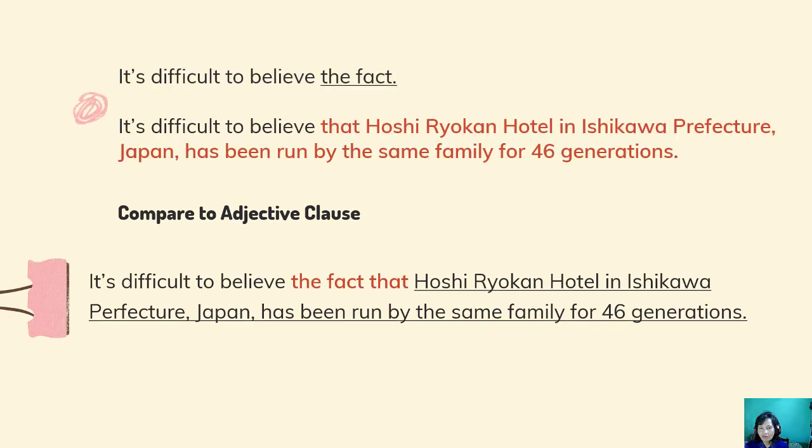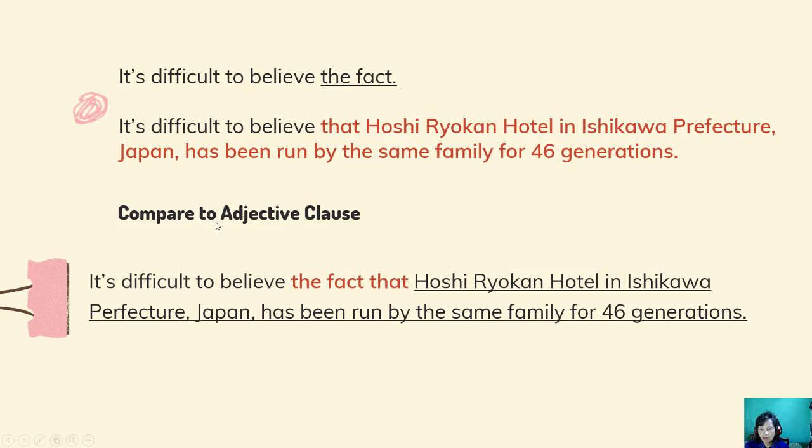Okay, I still have one more example. It's difficult to believe the fact. It's difficult to believe that Hoshi Ryokan Hotel in Ishikawa Prefecture, Japan, has been run by the same family for 46 generations. So the fact, it is a noun, and in believe that, there is no noun here.